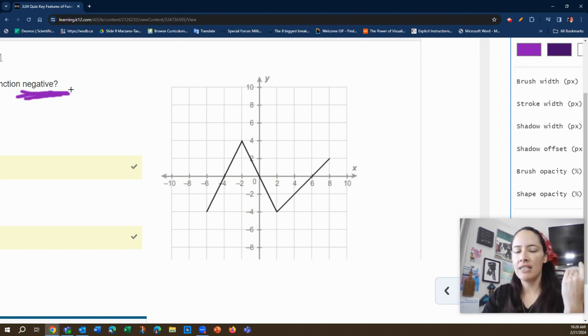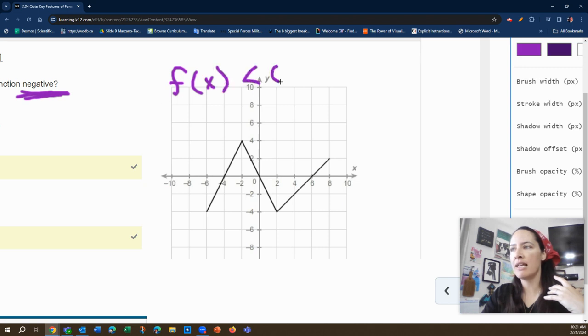Well, we need to decide what does that mean? What does it mean to be a negative function, or where the function is negative? Well, remember, a function is the y values. So if the function is negative, it's going to be less than 0. Well, here's 0 on the y-axis. That means all of the pieces of the function below the x-axis.